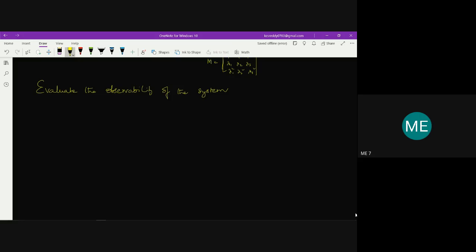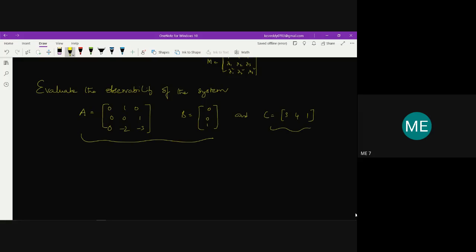A is equal to 0, 1, 0, then 0, 0, 1, then 0, minus 2, minus 3. Then B is equal to 0, 0, 1, and C is 4. So these are the matrices which are present in the state equation.